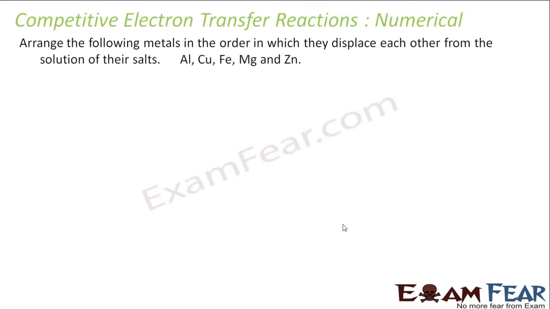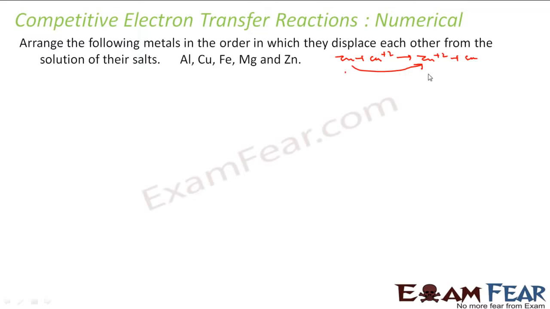The question is, we have to arrange these metals in the order in which they can displace others from their solution. For example, we have seen that zinc can displace copper from its solution. This reaction happens because zinc has more tendency to get oxidized.